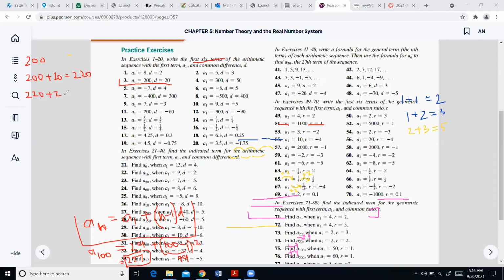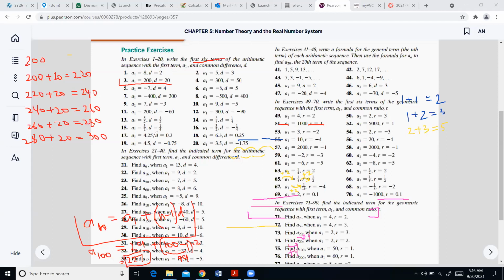So I just keep adding 20. So it'll be 240, right? That's already 3 terms and so forth. 240 plus another 20 is 260. And a couple more: 260 plus 20 is 280. So I keep adding that same number 20. And on 280, finally plus 20, I get 300. Of course, the sequence continues forever, but they asked us for the first 6 terms, so we gave them these 6 terms, and that's it.